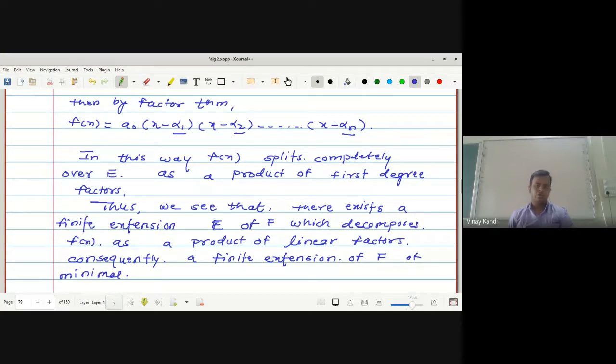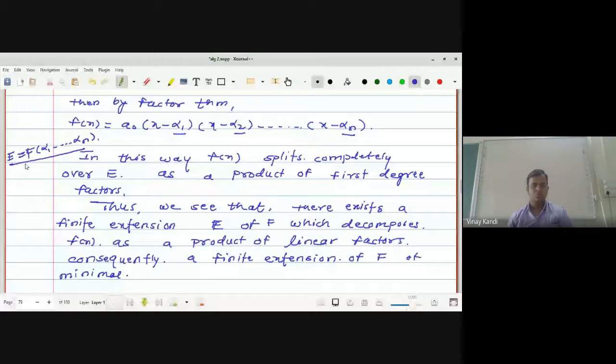What we have to do is adjoin alpha 1, alpha 2 up to alpha n to the field F. So we get E equals F of alpha 1, alpha 2 up to alpha n.